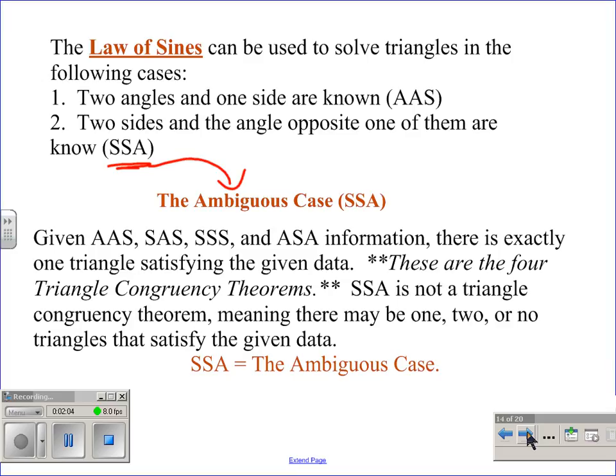We know that because these are the triangle congruency theorems that you learned about in geometry. Side-side-angle is not one of those congruency theorems. So there might be one solution, two solutions, or no triangles that satisfy the given data. We'll talk more about the ambiguous case in some of the examples in a few minutes.